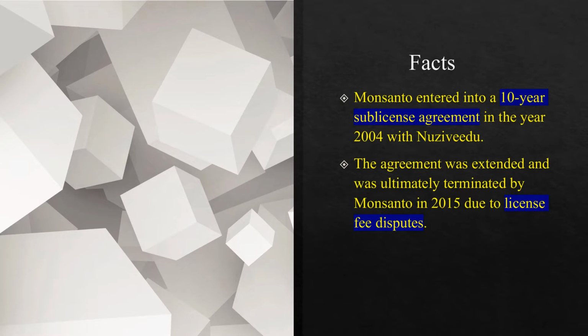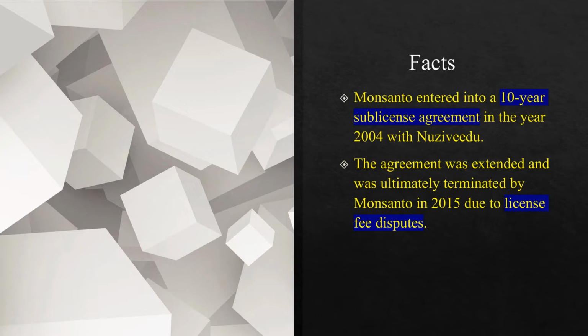Monsanto entered into a 10-year sublicense agreement in the year 2004 with Nuziveedu. The agreement was extended and was ultimately terminated by Monsanto in 2015 due to license fee disputes.